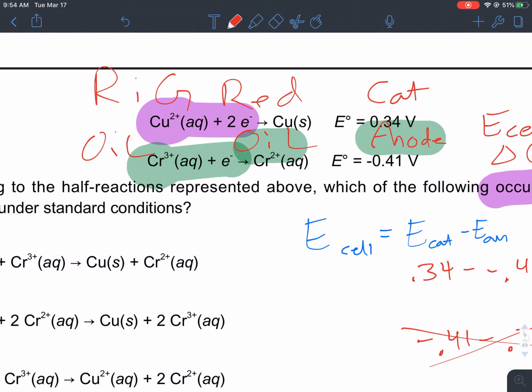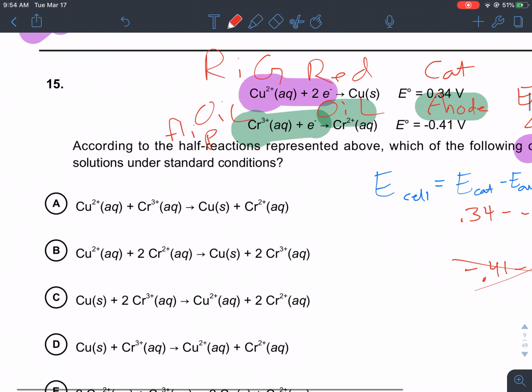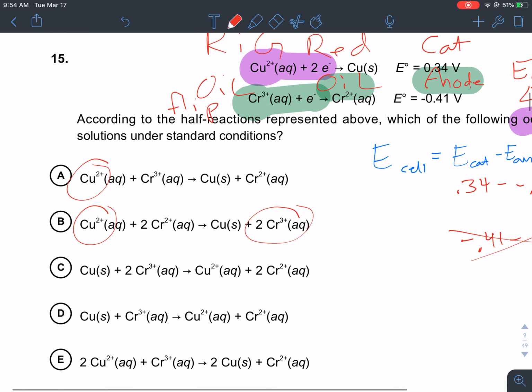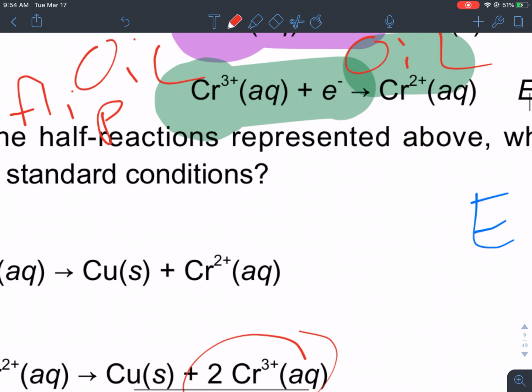We have to flip it. When you flip it, we should have Cu2+ on the left side. That's good. We should have Cr3+ on the right side. That's the only one. So the correct answer is B. But notice what you will have to do to the Cr. You have to multiply it by 2.